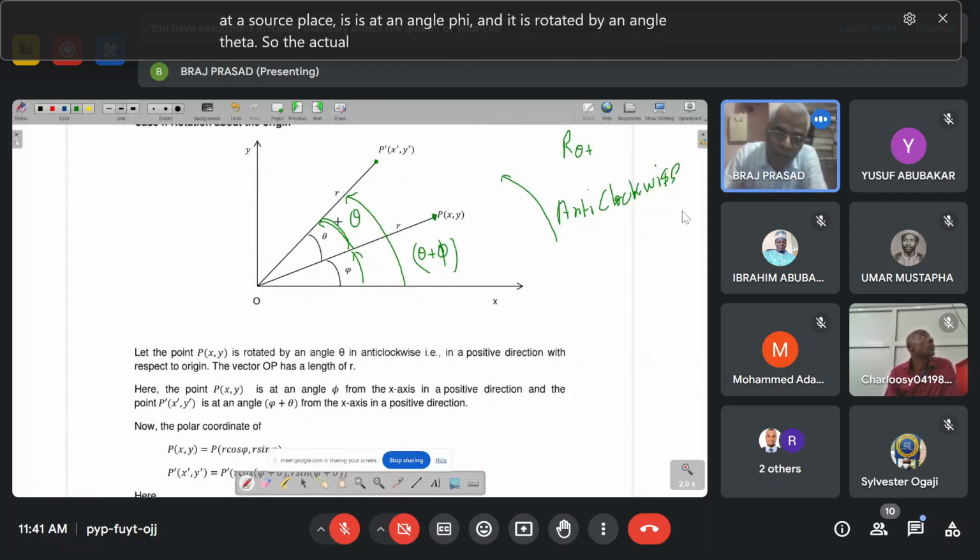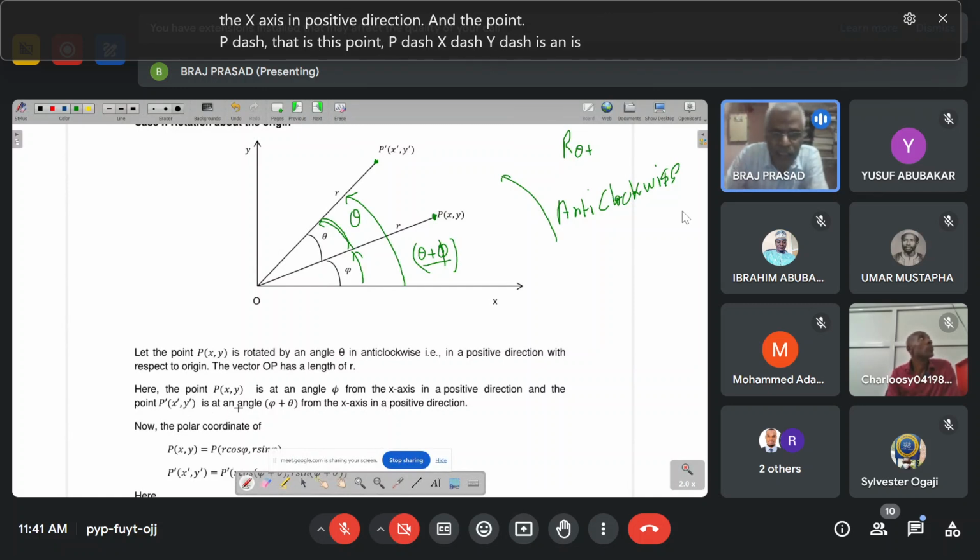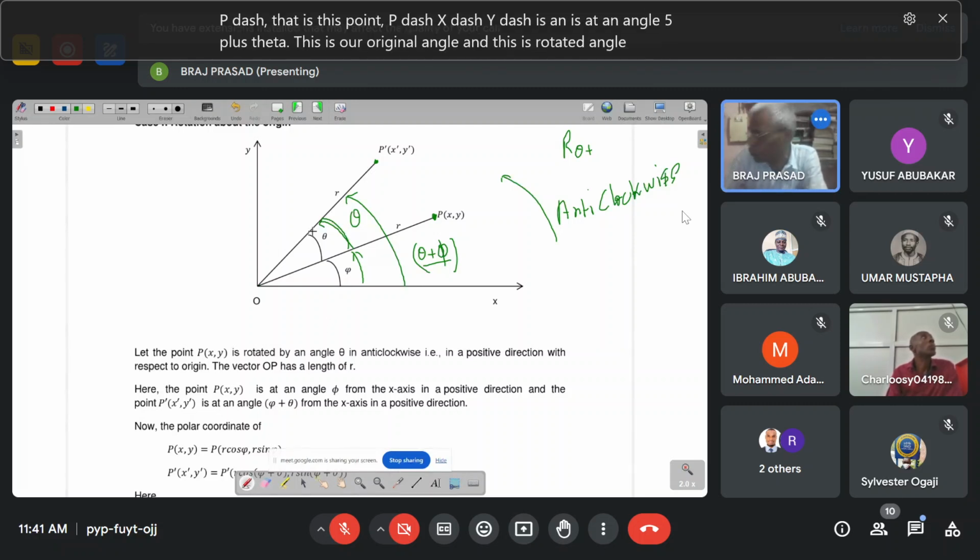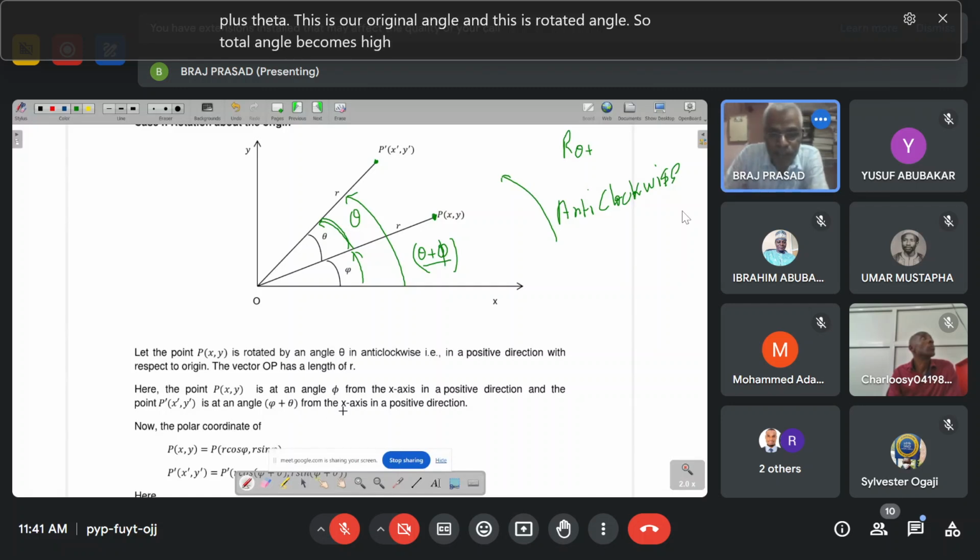Here the point P xy is at an angle phi from the x-axis in positive direction, and the point P dash, x dash y dash, is at an angle phi plus theta. This is our original angle and this is the rotated angle. So the total angle becomes phi plus theta from the x-axis in positive direction, and we will take the notation r theta plus.